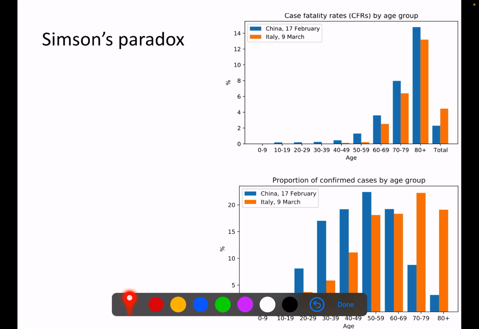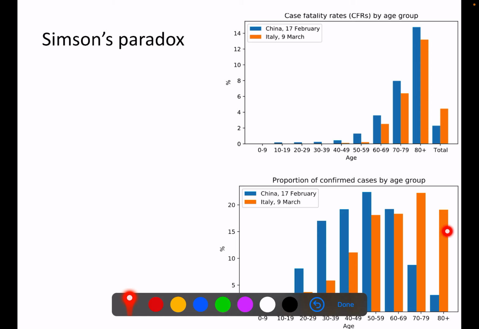And remember that it is correct that for 80 plus, the fatality rate is higher in China, but there are fewer total people who were actually diagnosed in this age range, right? So yes, this number is large, but it's multiplied by a small number because there is a small proportion of people in this age group who were diagnosed, right?